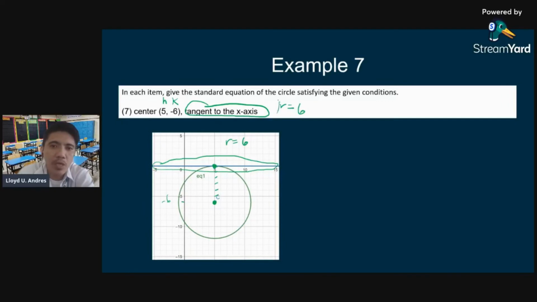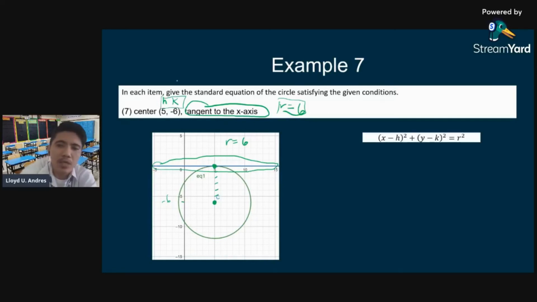So since we already have the radius, which is 6, and the values of h and k, which are 5 and -6, we can now use the standard equation of the circle, which is the quantity of x minus h squared plus the quantity of y minus k squared equals r squared. Next step is just to substitute h with 5 because it is the x-coordinate of our center.